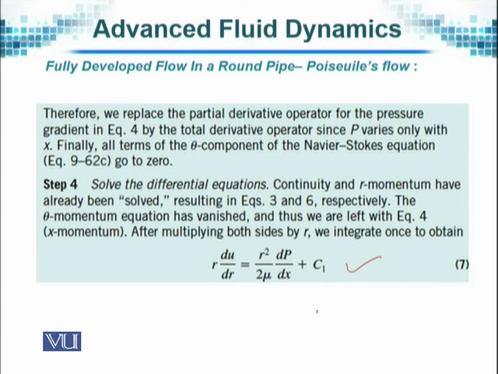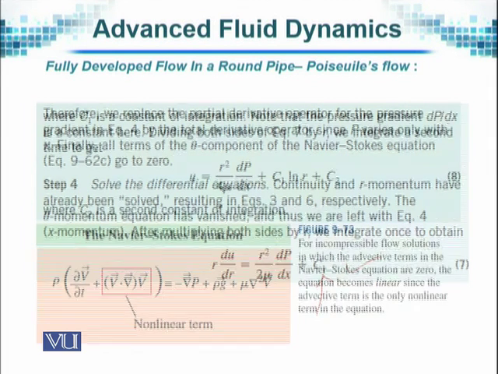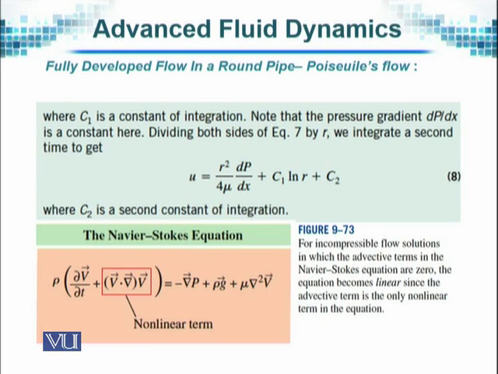The unknown here is C1, the constant of integration, and once we substitute the boundary condition values, we are going to get the value of C1 also.